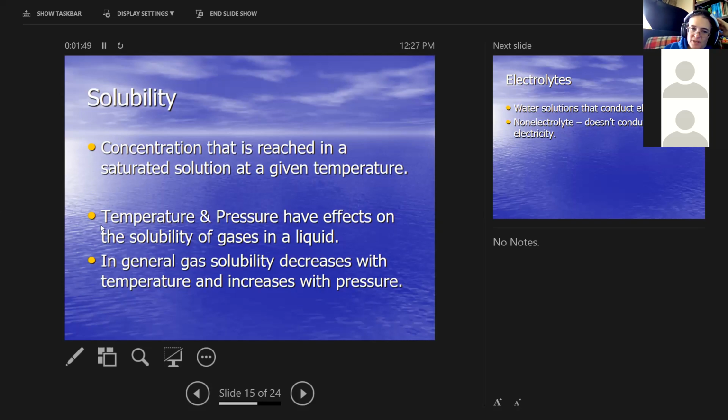Okay, but temperature and pressure. Back to our gas laws, temperature and pressure have effects on the solubility of gases in a liquid. Of course, gas in a liquid, that's Henry's law. So just keep that in mind. In general, gas solubility decreases with temperature and increases with pressure.